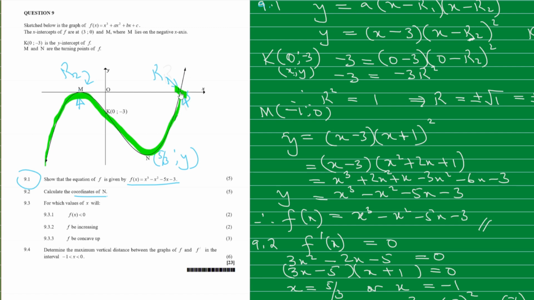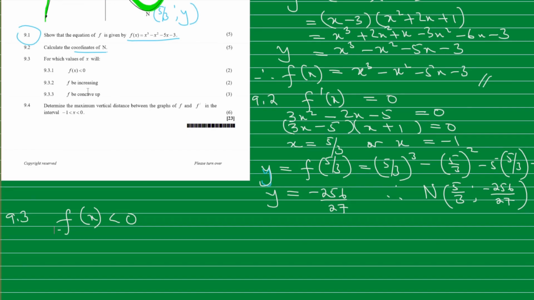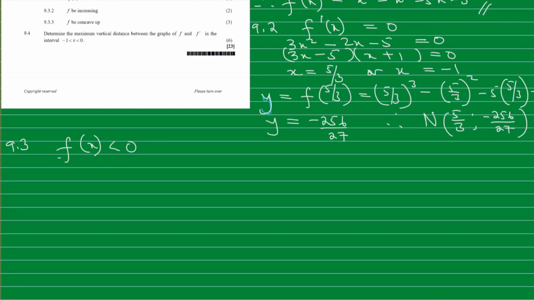So we can see that for all the values from 3 up to the left, our graph is negative. So now we just have to say that, to answer that question, our x is less than 3, which means our graph is negative.